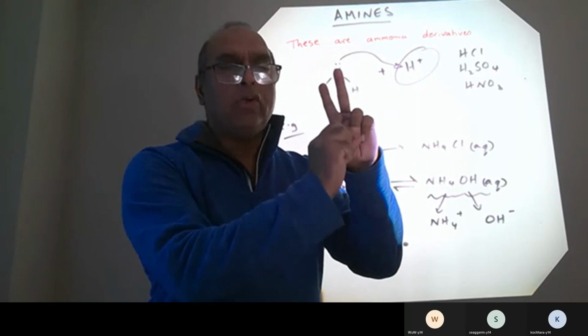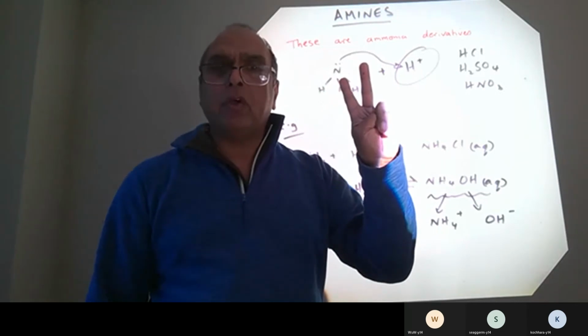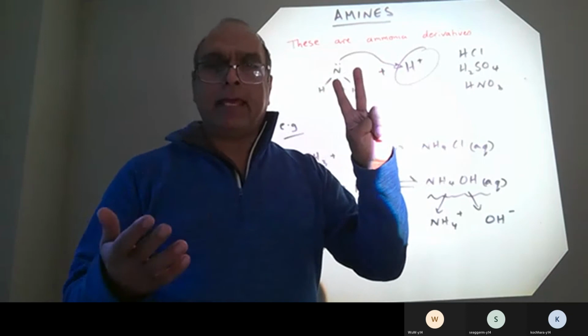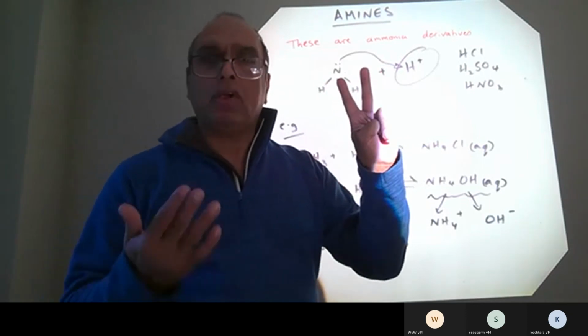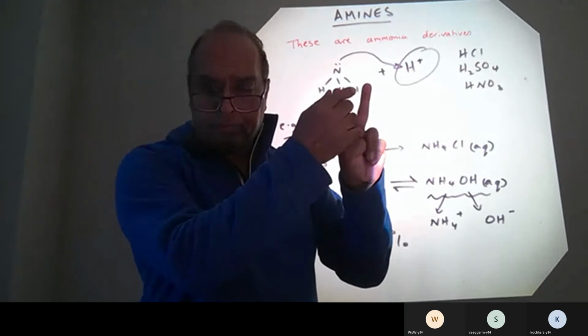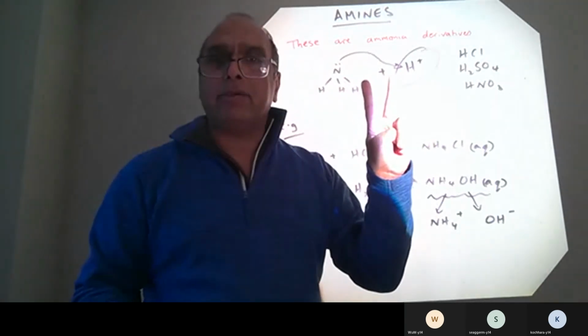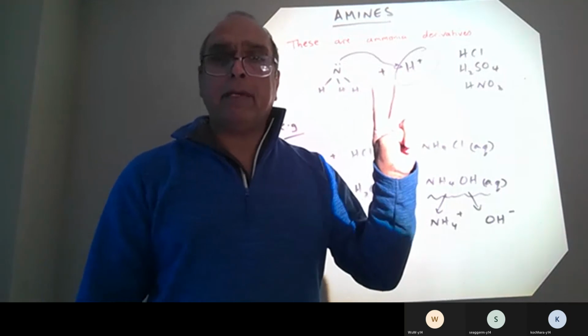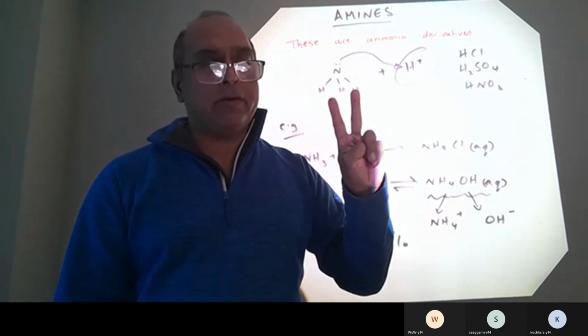So those molecules, water and ammonia, will be there in abundance, lots of them. These next 2 ingredients are the ions, and there will not be many of those compared to how many molecules of ammonia and water you've got.